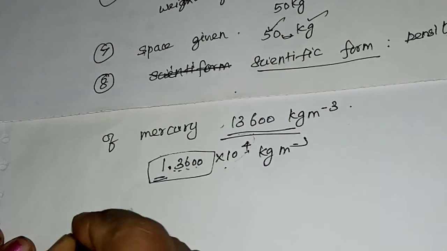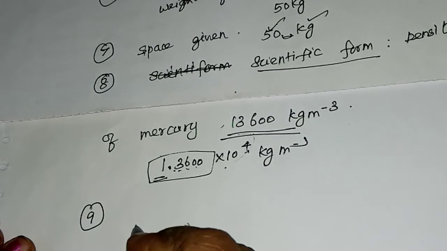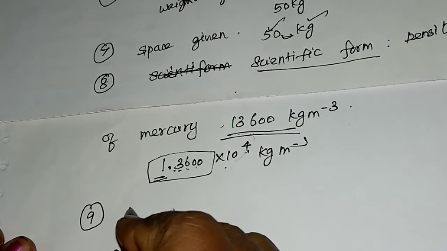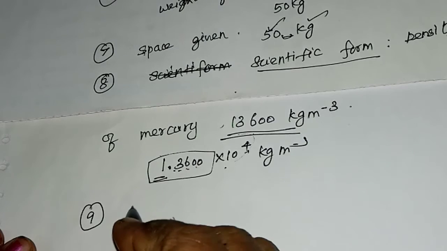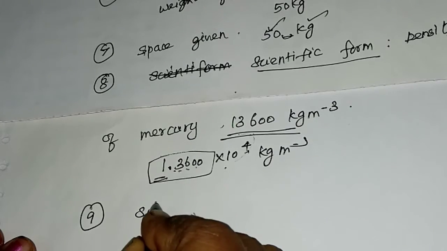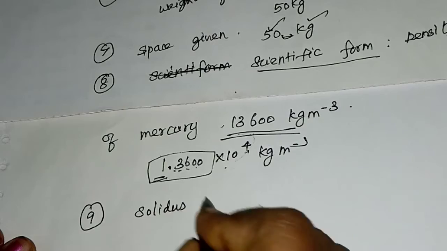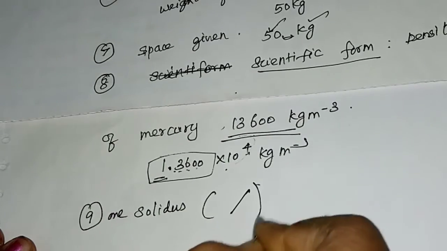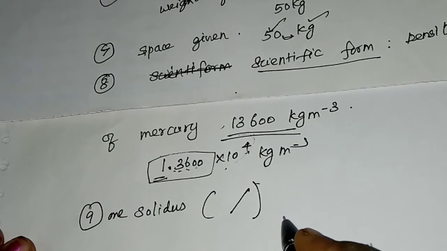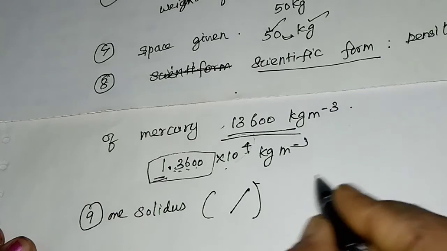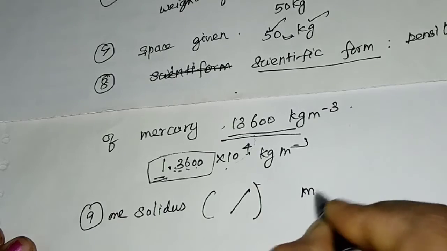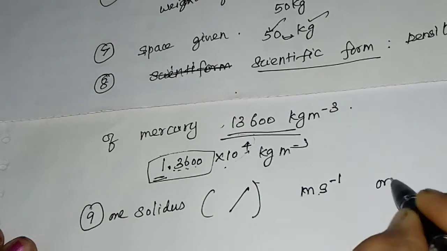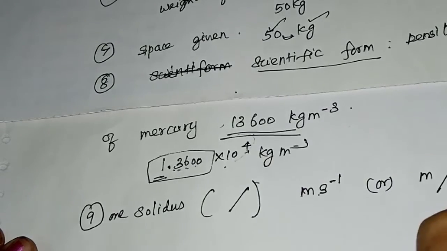And then the ninth rule: when you write a unit, solidus should be limited to only one. Solidus means the slash symbol. For example, meter second power minus 1 we can write as m/s.